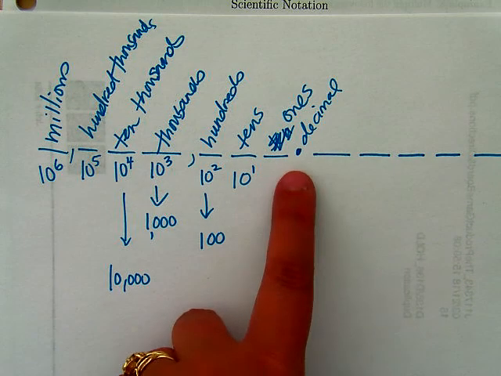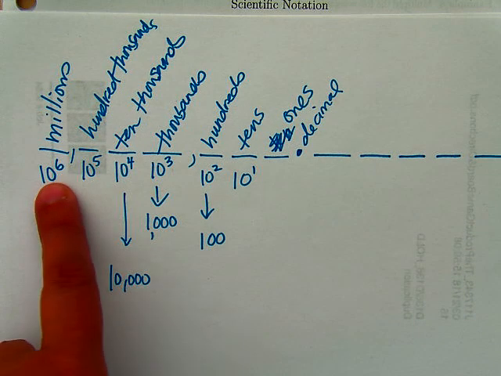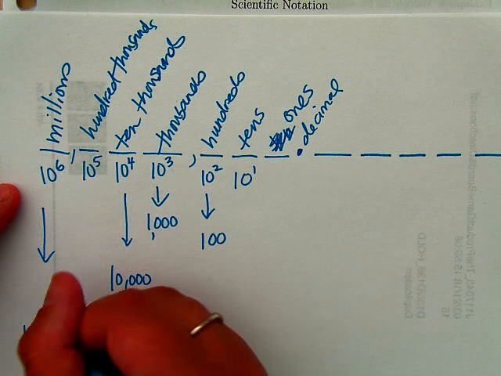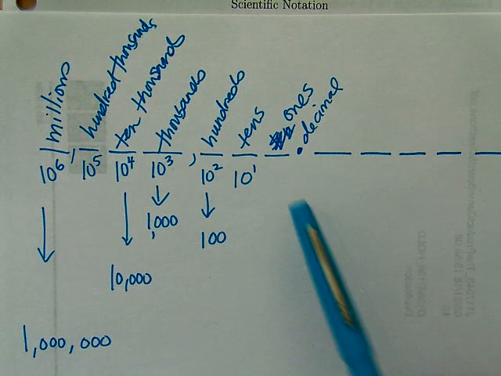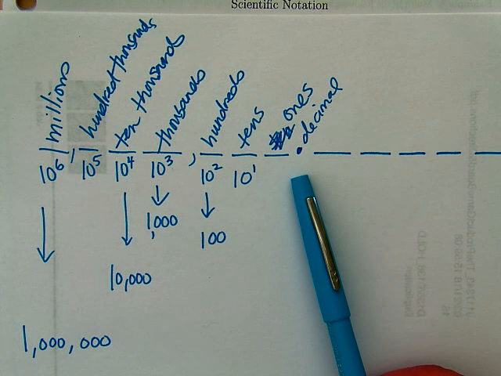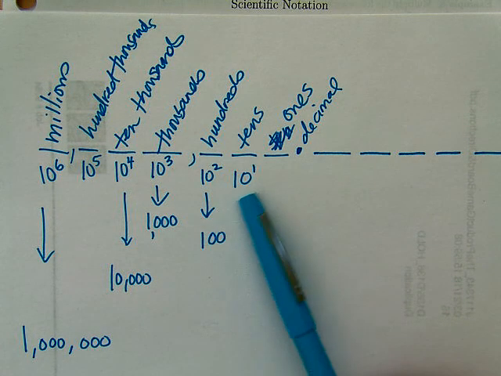You can see that with your comma every 3 places. Since there are 6 zeros, a million is a 1 followed by 6 zeros that has 2 commas, right? We call our place value system base 10. Why do you think it's called base 10? Because the base is a 10.